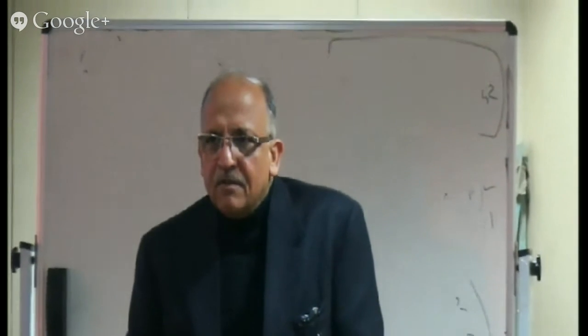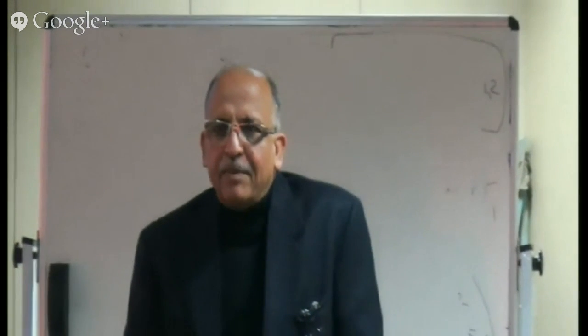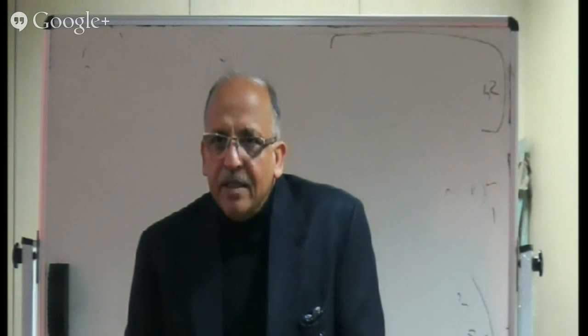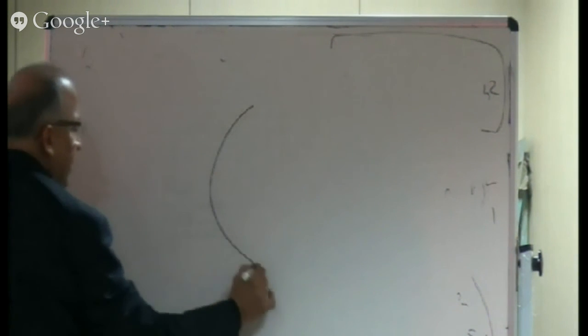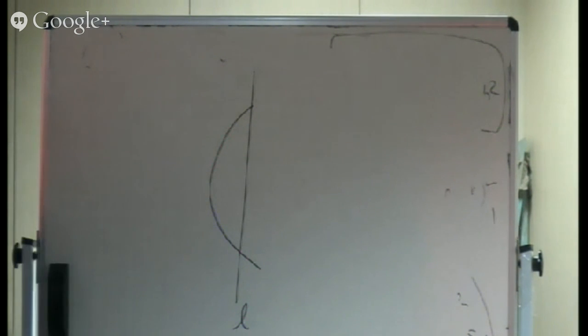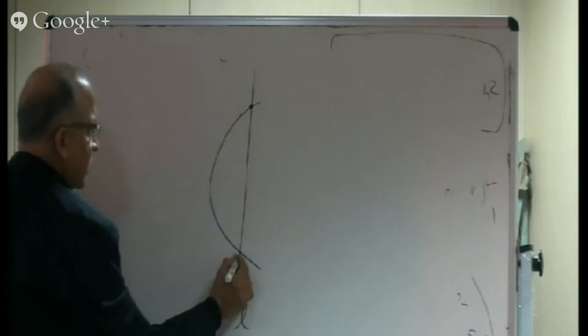I told you that whenever you consider a line and a given curve, for example, we are talking of a hyperbola, a given line and a hyperbola can meet at 2 points, they can meet at 1 point, or they may not meet at all, as in these three cases. Suppose I am considering one branch of the hyperbola. I draw a line, suppose I call this line L. This is meeting the hyperbola at 2 points. 1 point is this, 1 point is this.